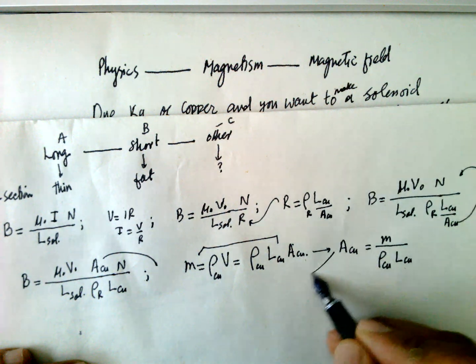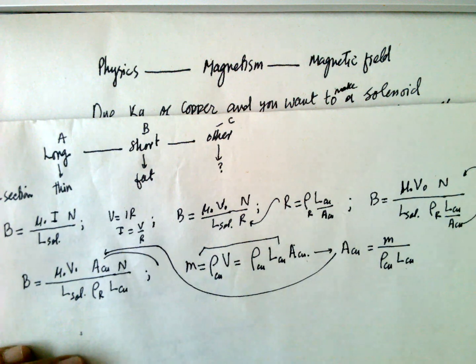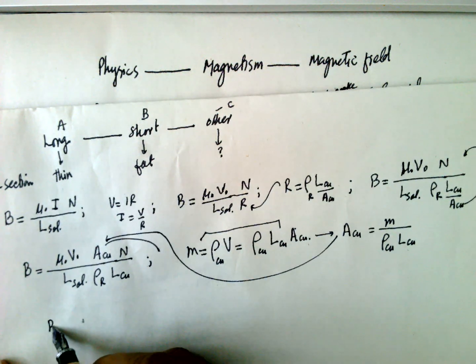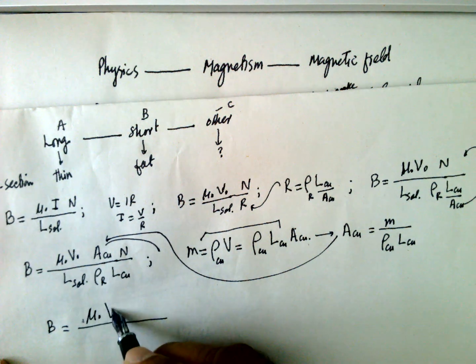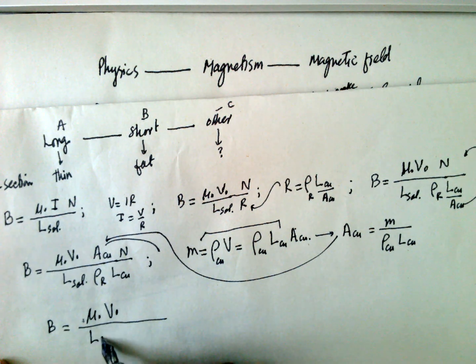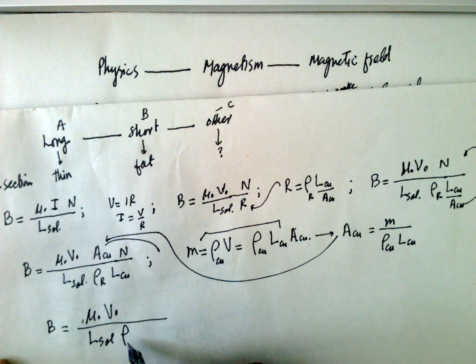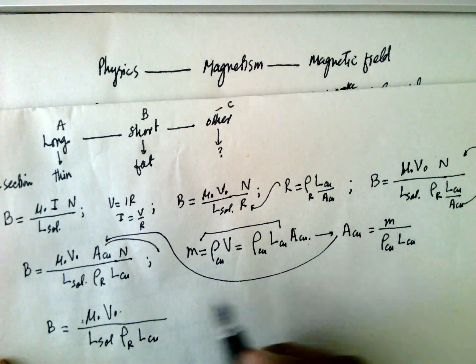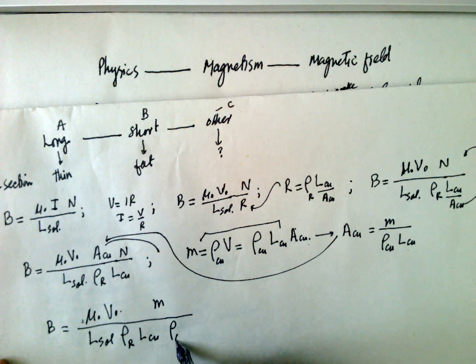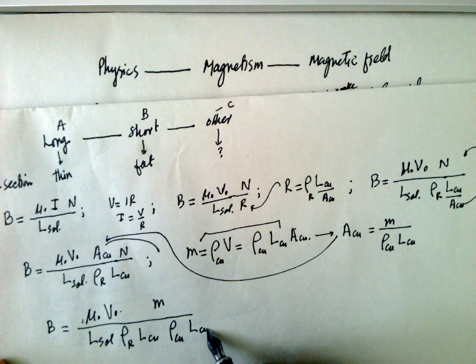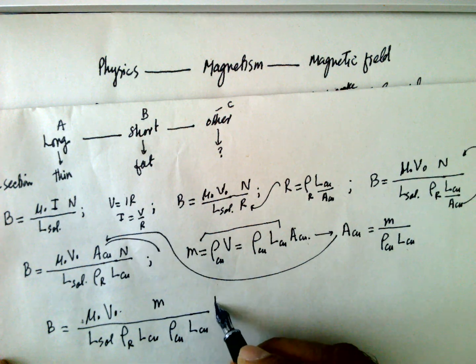We substitute this value here. So B is equal to mu naught V naught over L solenoid, resistivity, L copper, times M over density of the copper times L copper, times N.